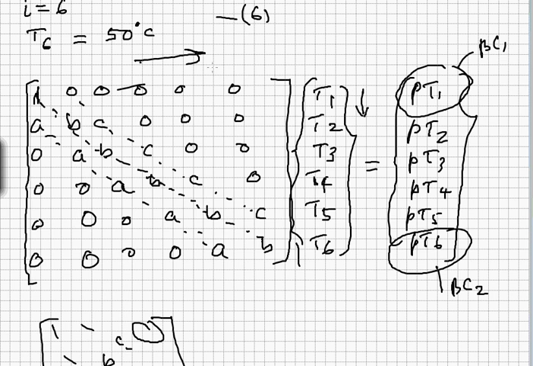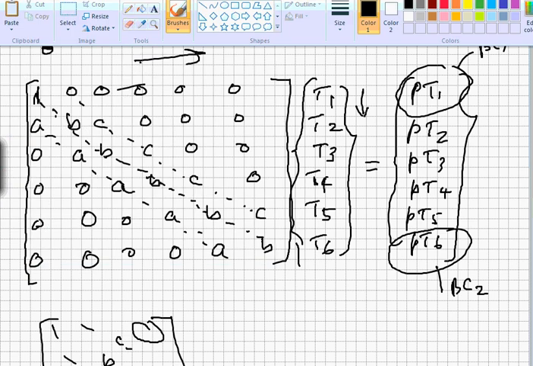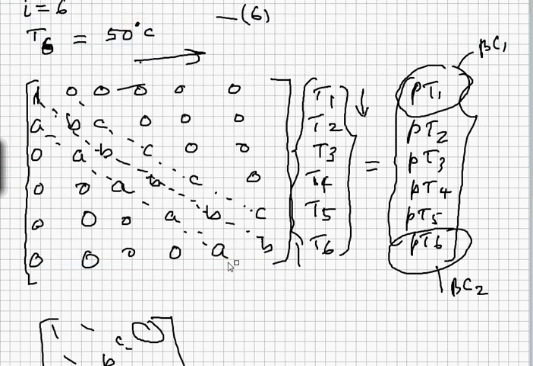By the way, I made a mistake here. I should have, the very last equation is what? T6 equal to 50. I just noticed that. Let me correct that. Remember, the T6 equal to 50, right? So this cannot be A. You see that?